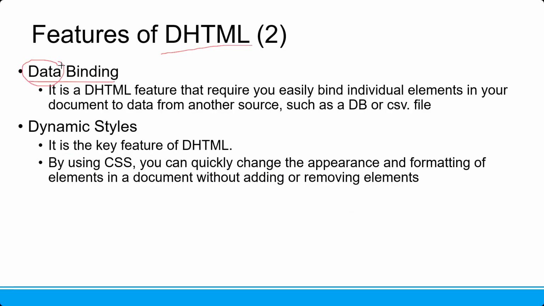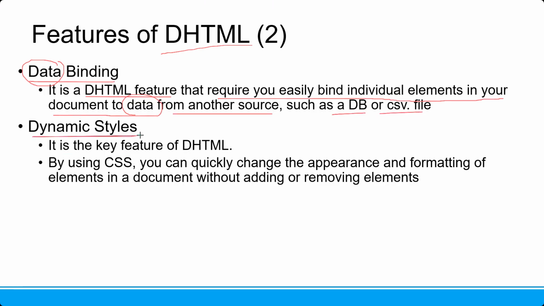Data binding means we can connect the HTML so that it can easily bind the individual elements in your document to the data. The data means you can connect to some kind of database, or you can connect to a CSV file and so on.